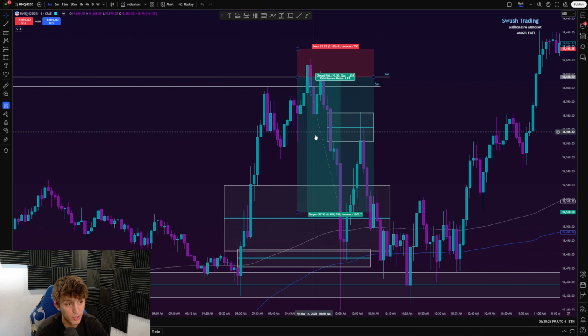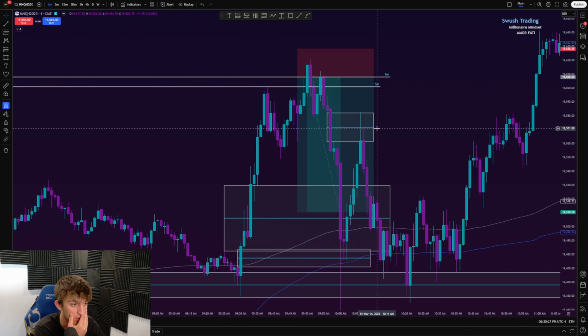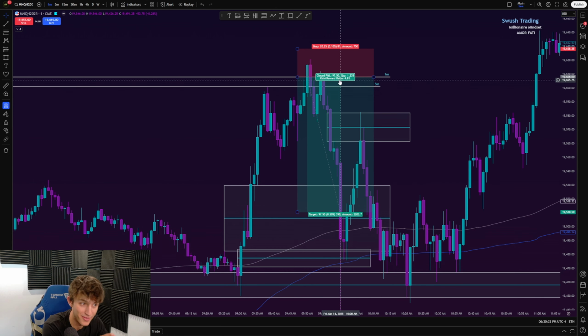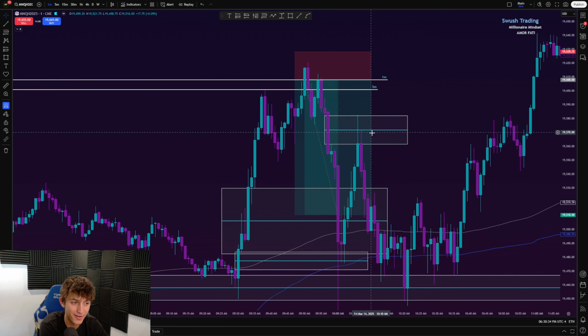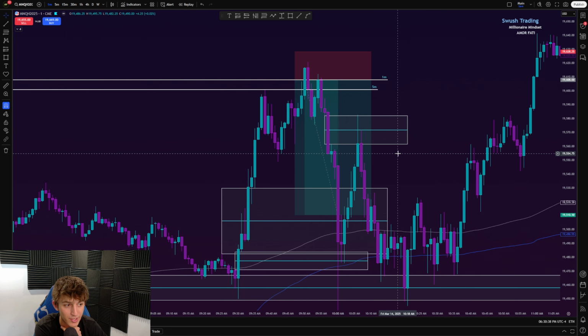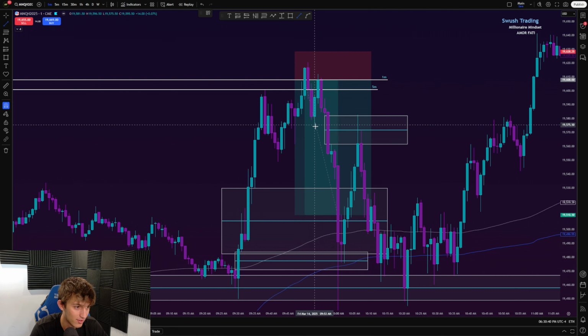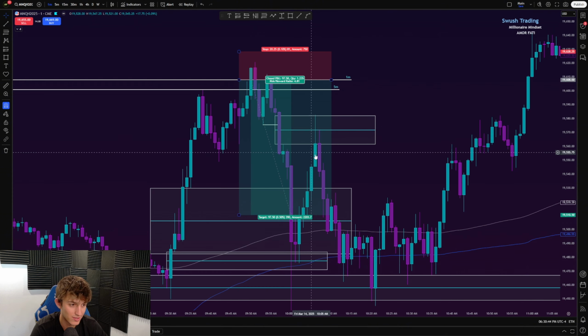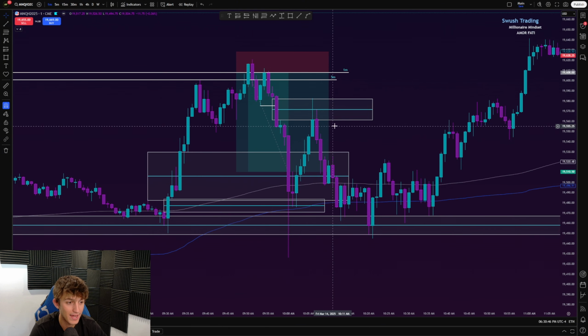And yeah, this was another beautiful entry too. I didn't take this entry, but I know some people in my group did catch this and ended up not only making money on this short, but made money on the re-entry up here, which was a 1 minute SIBI, break of structure. And yeah, just overall strong sellers at that level. Again, you could ride that down.